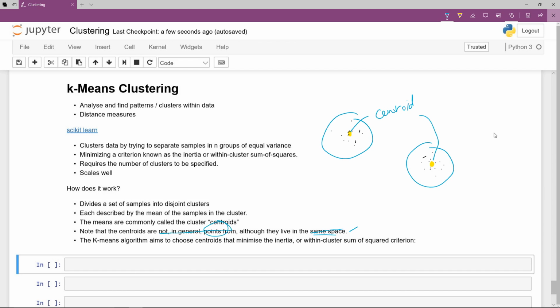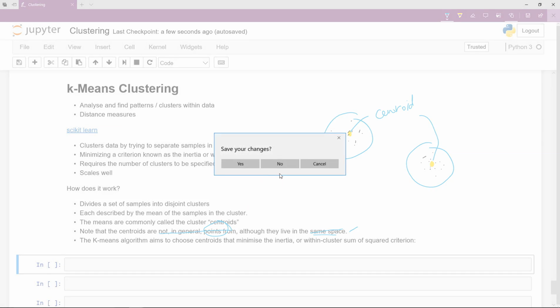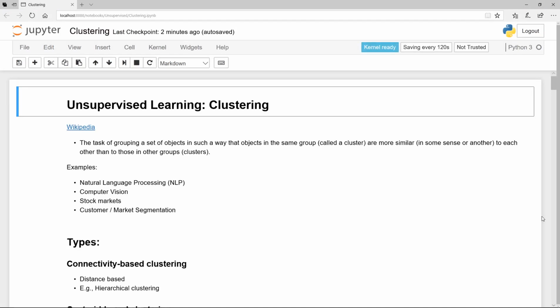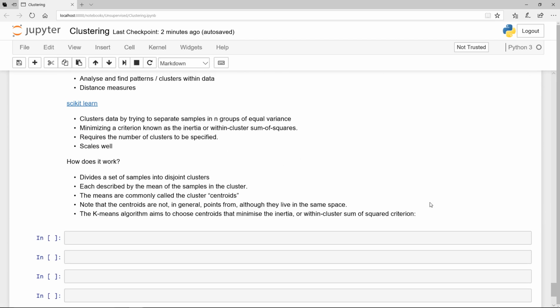So the basic idea of k-means clustering, let me come back, is that it aims to choose centroids that minimize the inertia, or minimize the within-cluster sum of squares criterion.